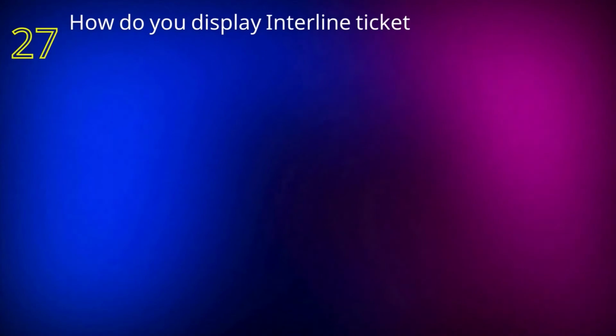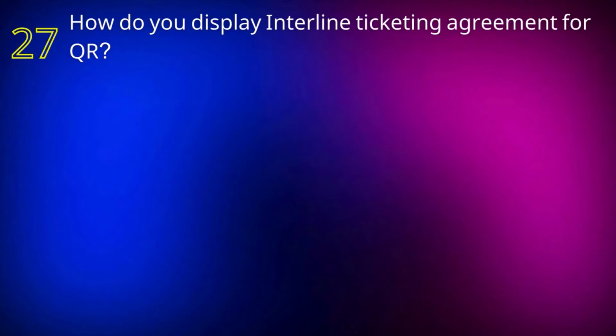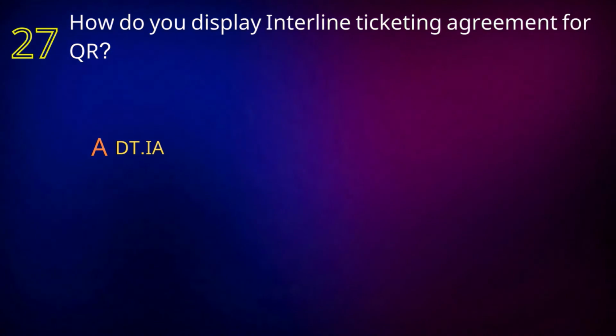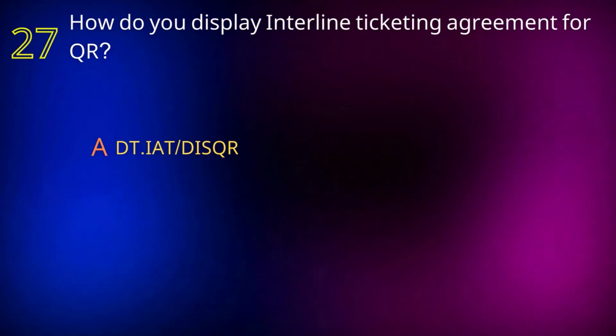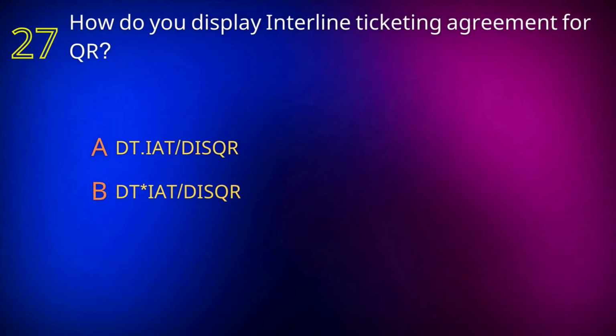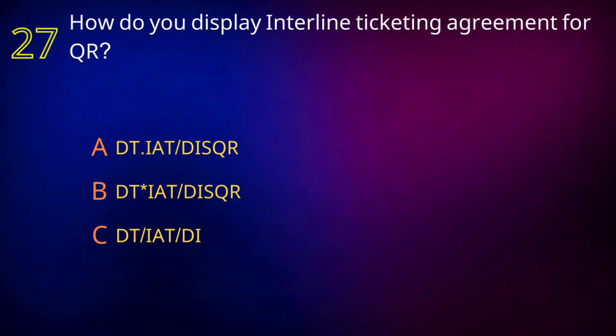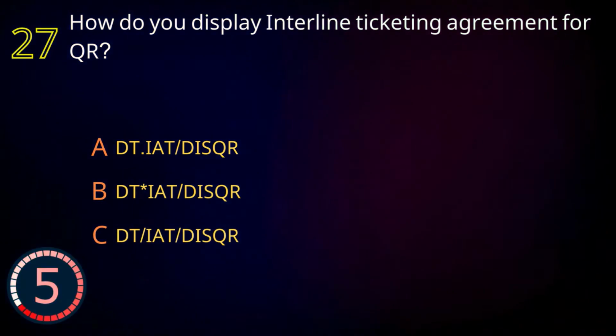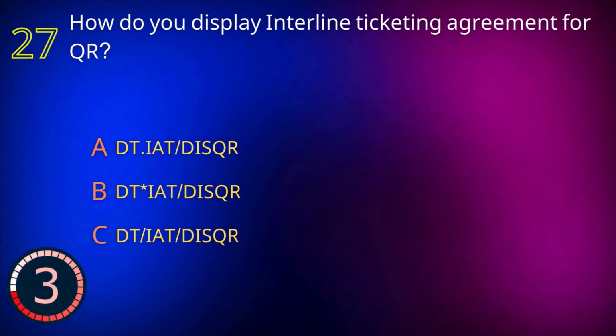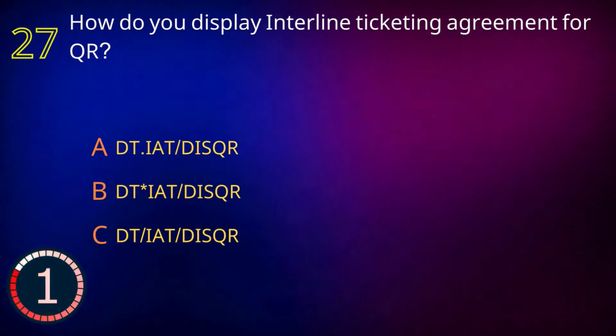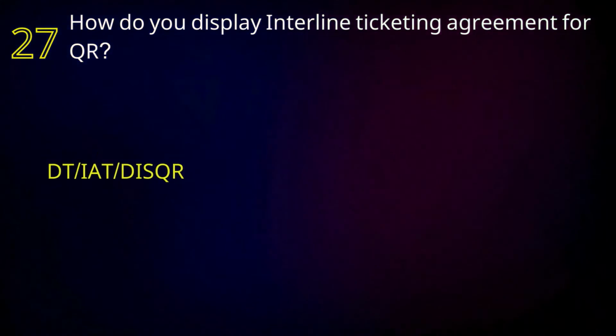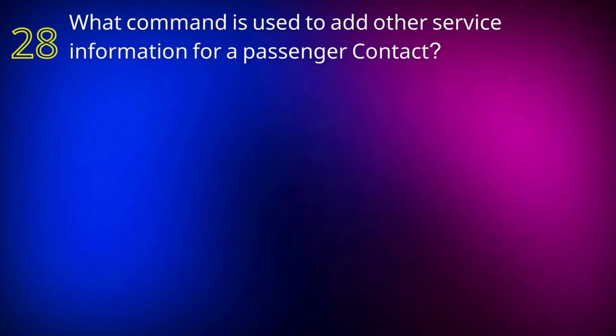How do you display interline ticketing agreement for Qatar Airways? What command is used to add other service information (OSI) for a passenger local contact?